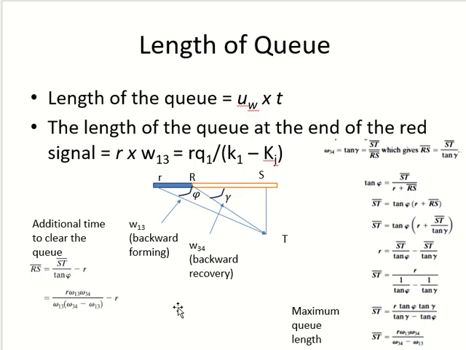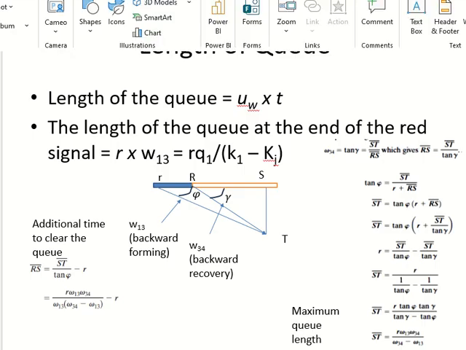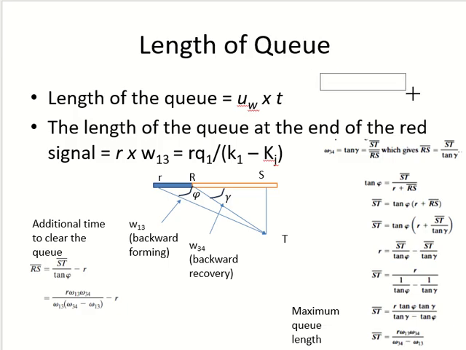How much do you get? W13. How much? Minus 7.